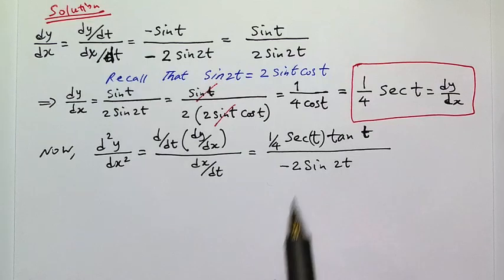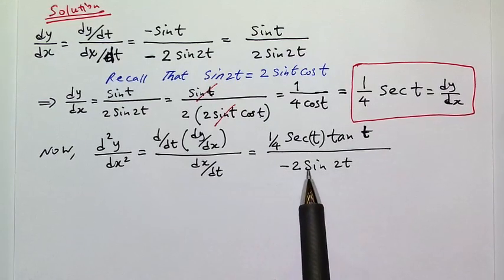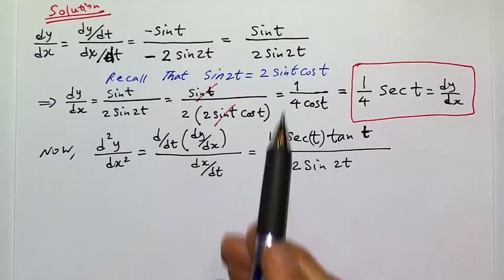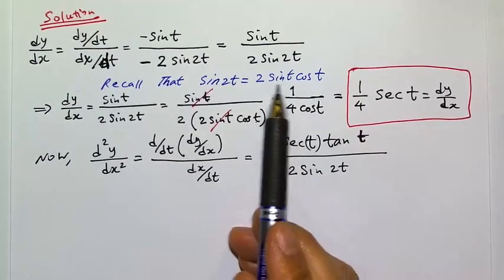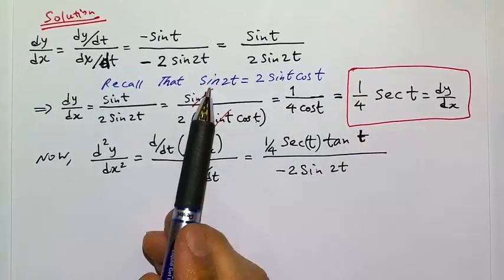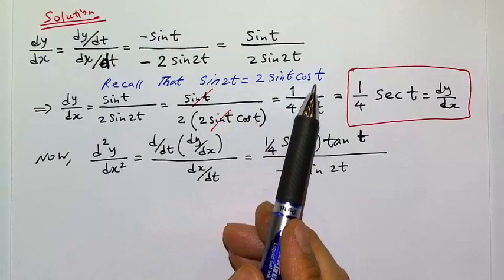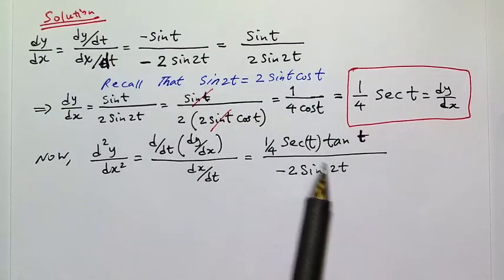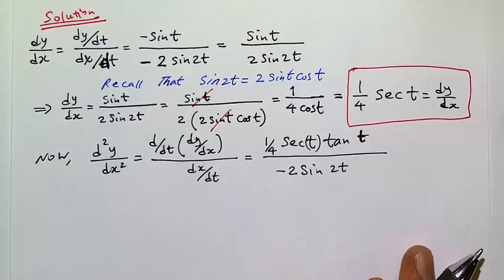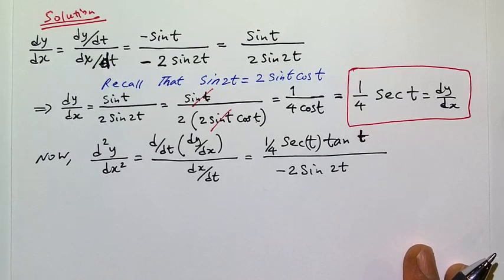And so once again, we can apply this expression, since sine 2t is 2 times sine t cosine t. So I can replace that with this. So let me do that again.